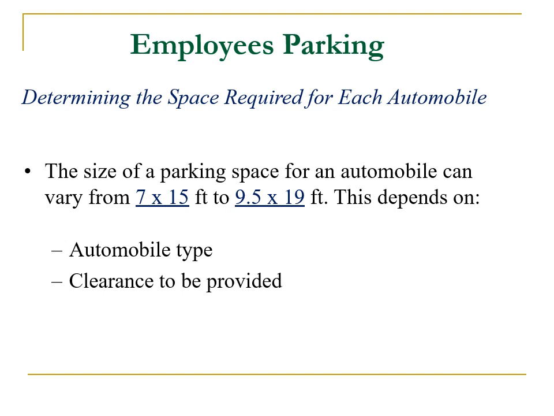The size of the parking space depends on the automobile type, whether it's a small car, a saloon car, an SUV, and so on. But usually this size of a parking space varies between 7 by 15 feet to 9.5 by 19 feet.